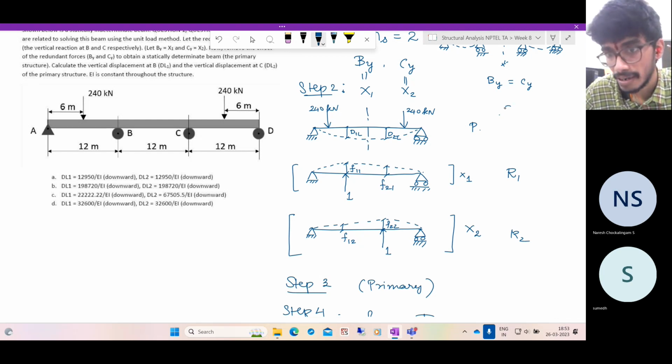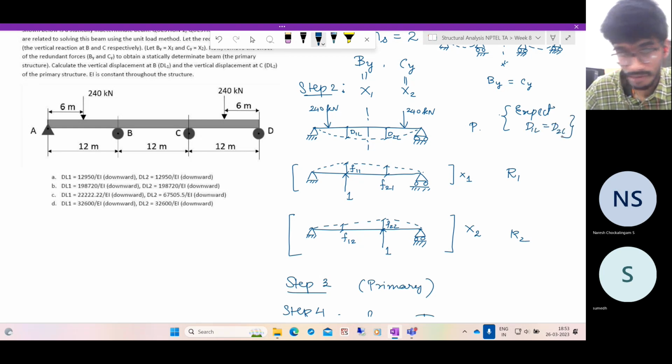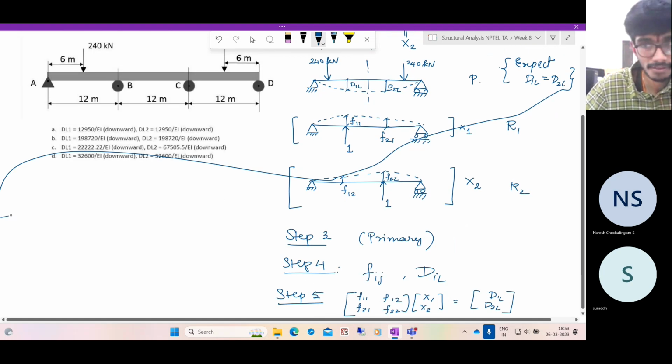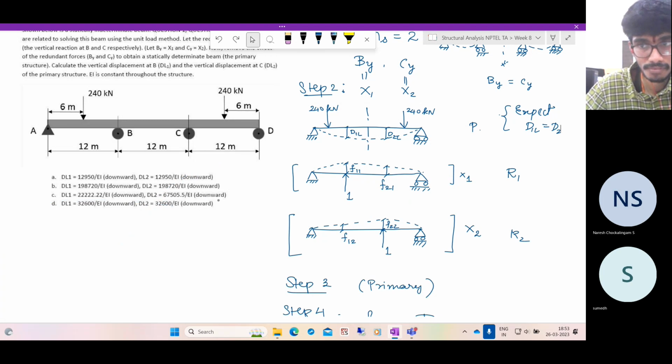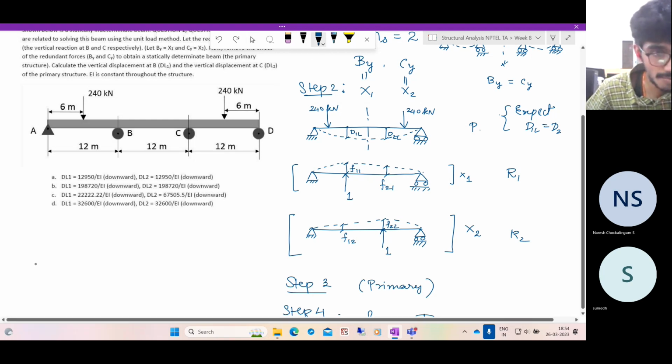So what do we expect? We expect d1L should be equal to d2L. So if you look at the options, there is this option C, which has d1L and d2L not equal.